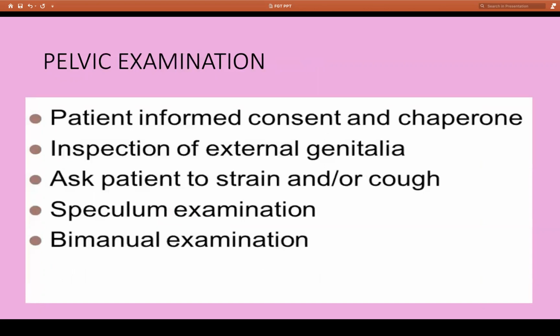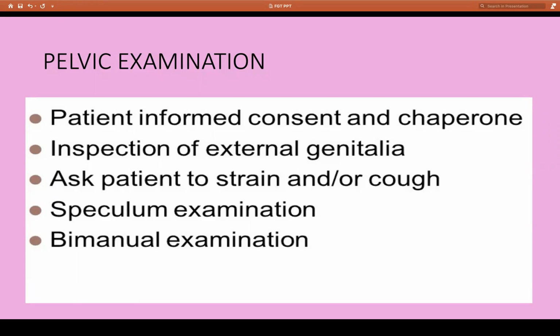For pelvic examination, always ask for verbal consent from the patient. You should always have one chaperone available with you by the time you are doing the examination. Even if you are a female, you should have a chaperone, midwife, or nurse while you are examining the patient.